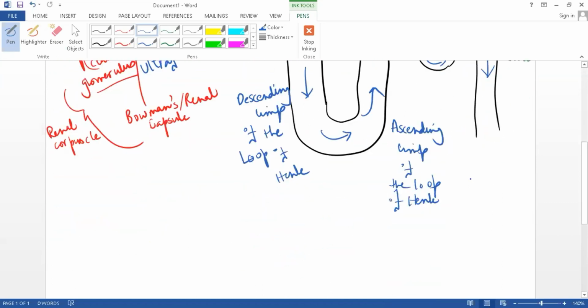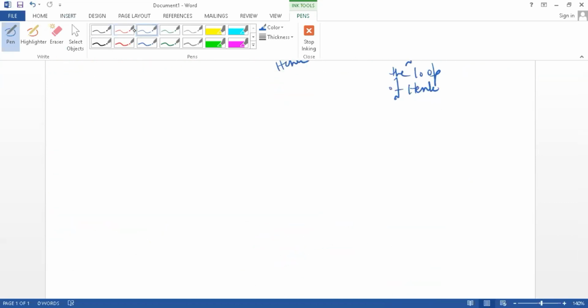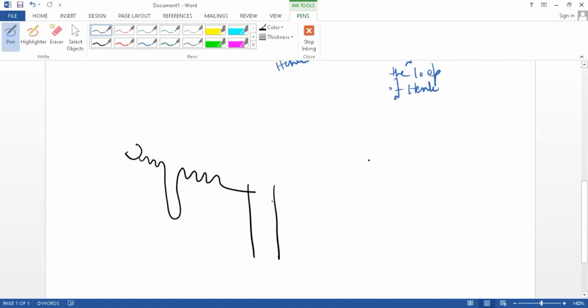If this is one collecting duct, it collects urine from multiple nephrons. These are different nephrons, and that's the collecting duct.